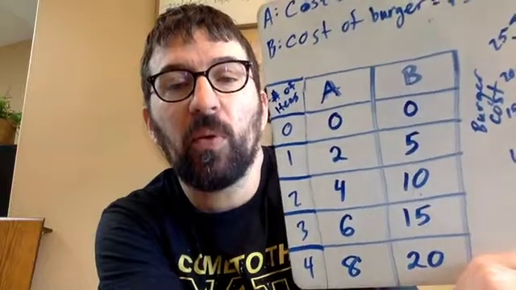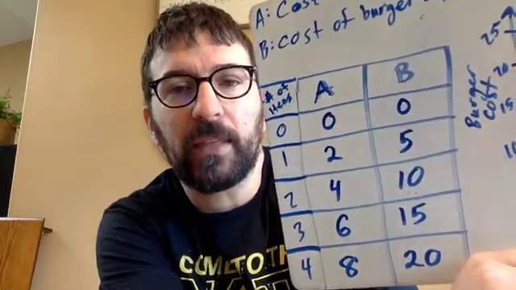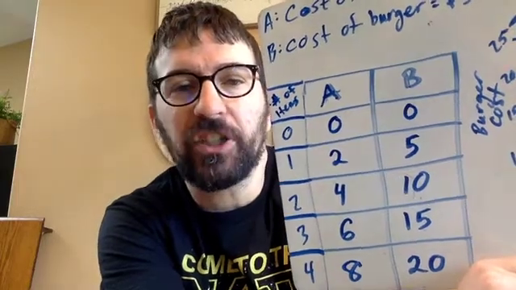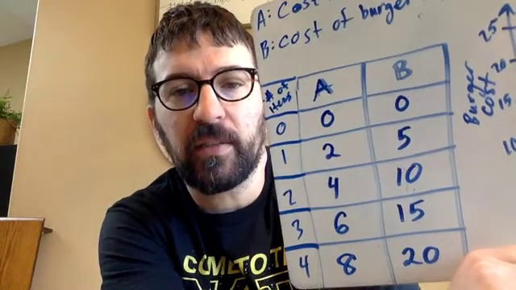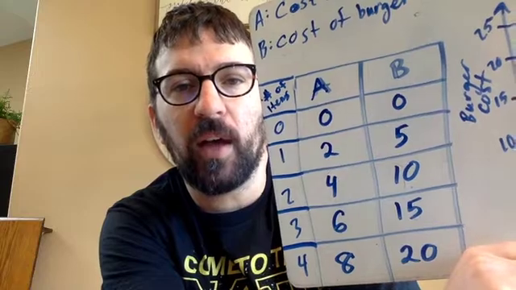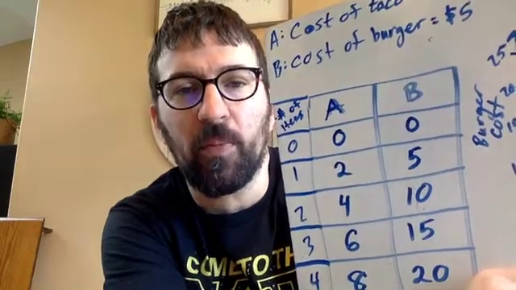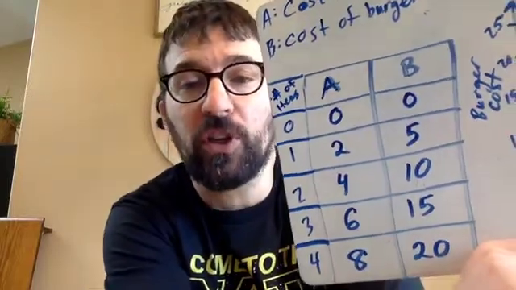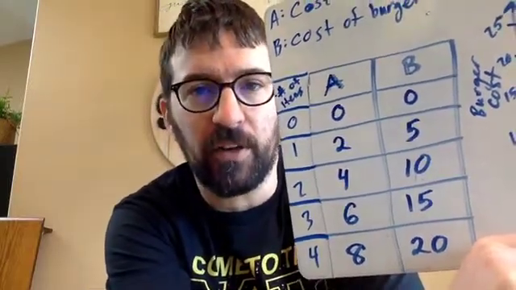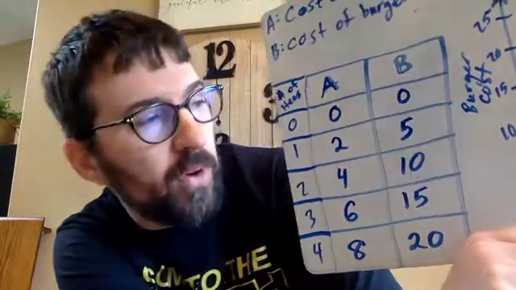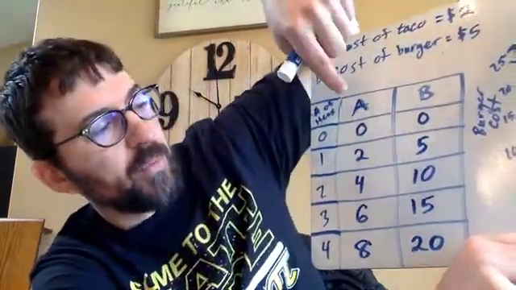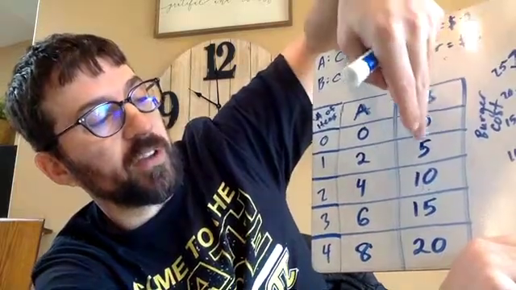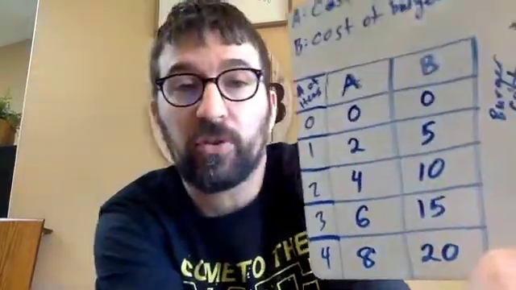But what I want us to think about is not so much how much money we make altogether, but the relationship between these two patterns. So we're looking at more pattern concepts rather than just graphing. We're going to do that too, but really focusing on the pattern concepts. If you can follow along, I went through A: 0, 2, 4, 6, 8, and then 0, 5, 10, 15, 20, and those follow those patterns.